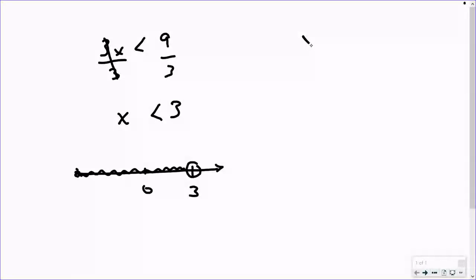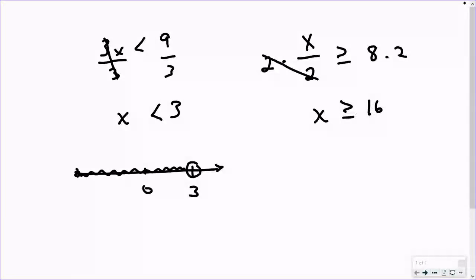Now let's make this just a little different. Now this particular problem, x divided by 2 is greater than or equal to 8. Well, I have divide, so I want to get rid of that by multiplying both sides by 2. What happens there is this reduces. Nothing happens to the sign, and 8 times 2 is 16.